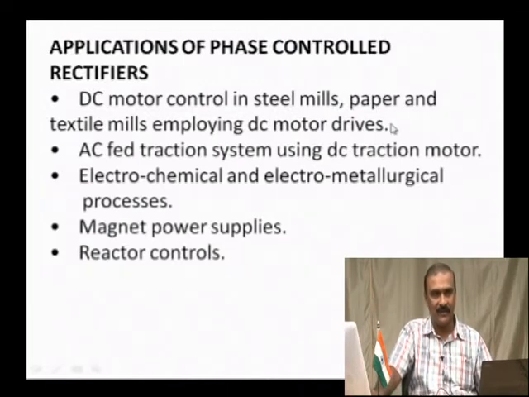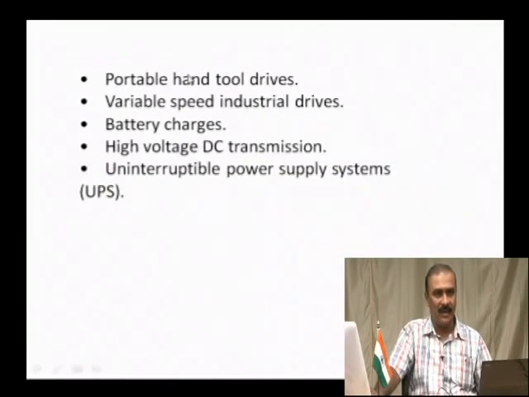Other applications are electrochemical processes, metallurgical processes, magnet power supplies, reactor controls, portable handheld drives, variable speed industrial drives, battery charging, high voltage DC transmission, and UPS. Madam might have covered all these applications, showing you many diagrams.